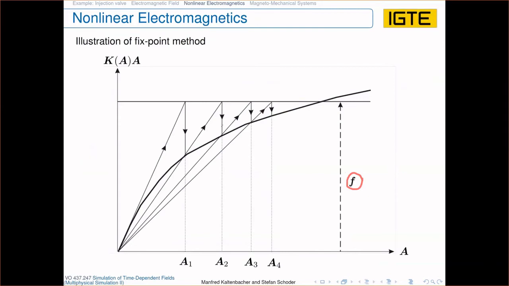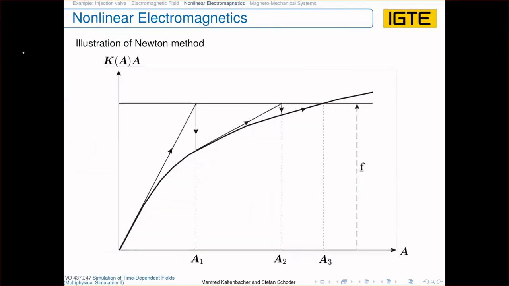So it can take a lot of individual steps to come up to the solution. This here is the point where the nonlinear curve meets the right hand side and will give us the solution here at the axis where we put the electric vector potential.